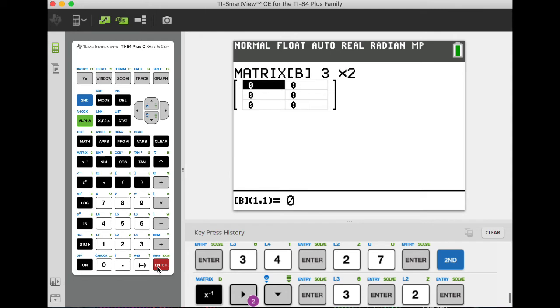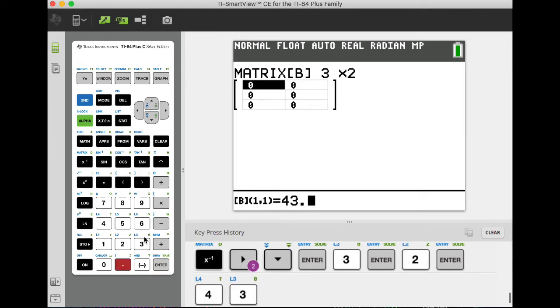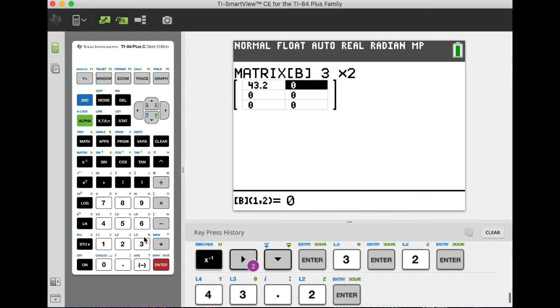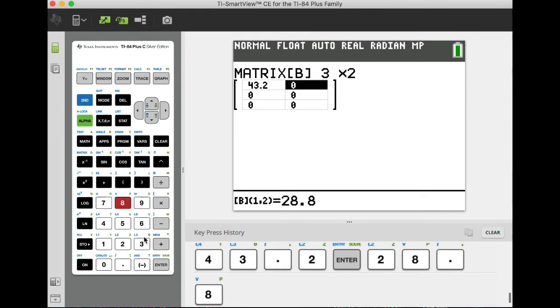And now here we're going to enter in the expected values that we just got a few minutes ago. So starting off in the first row again, Democrat, yes, that first entry we said was 43.2. So 43.2, then enter. Then the number of no's we said for the Democrat was 28.8. So 28.8, then enter.